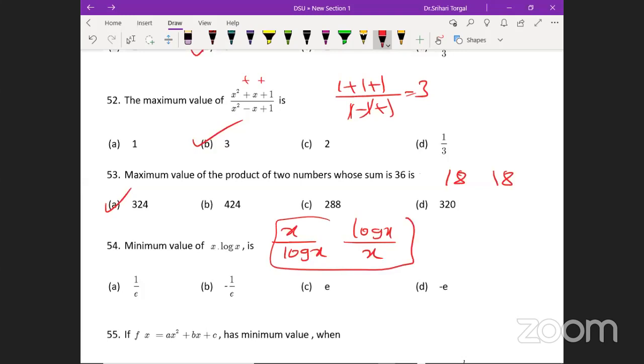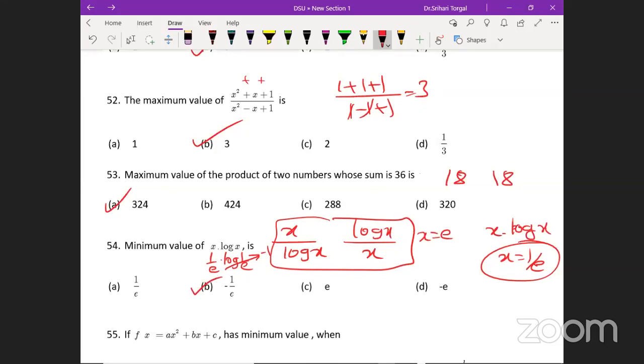In these two cases, put x equal to e. And if it is multiplying, put x equal to 1 by e. So 1 by e into log 1 by e. What is log 1 by e? This is minus 1. Minus 1 by e is the answer, the minimum value. Option B is the right answer.